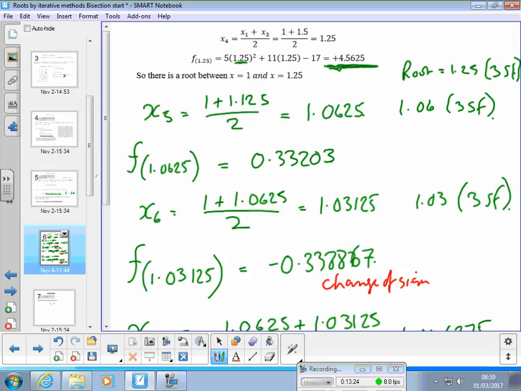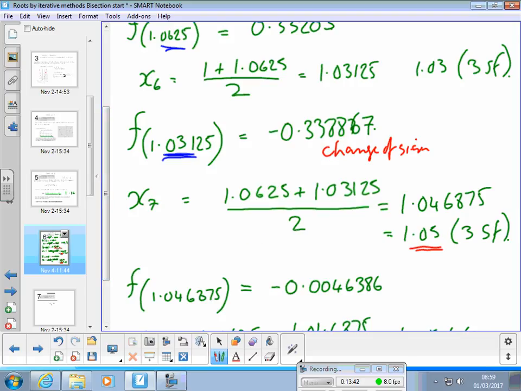Okay, we've got a change of sign here. So 1.03125 as our new bottom guess. We're now going to go between guesses now. From there, rounds to 1 significant figures.